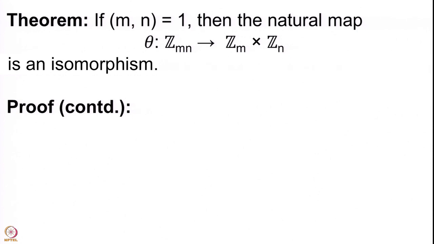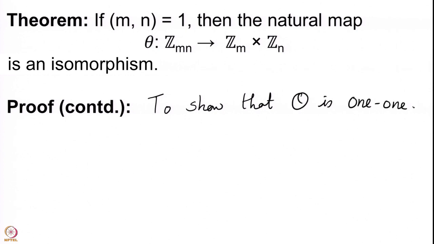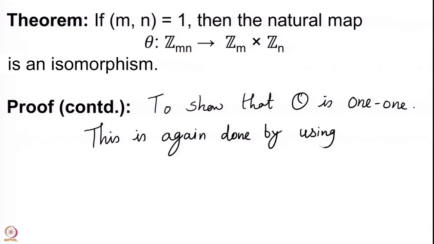or that it is a 1 to 1 map. So, to show that theta is 1 to 1, this is again done by using the Chinese remainder theorem.